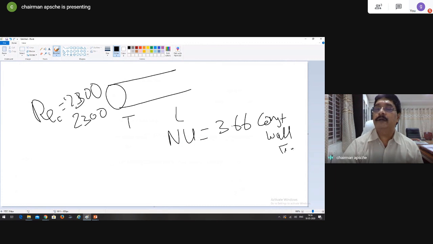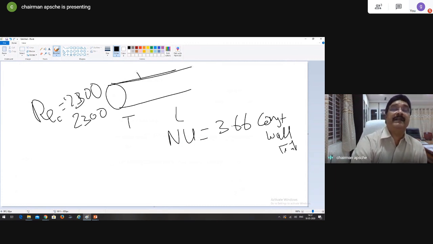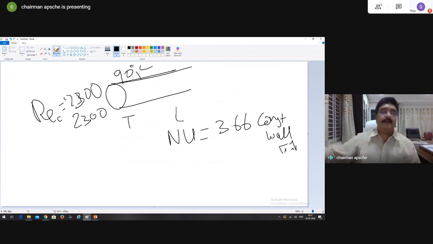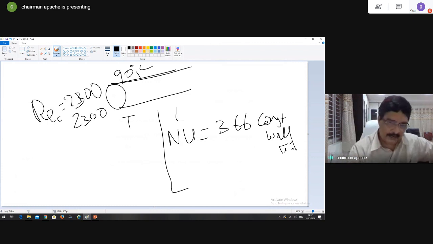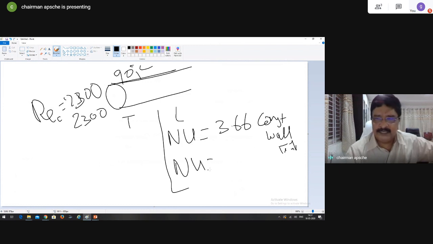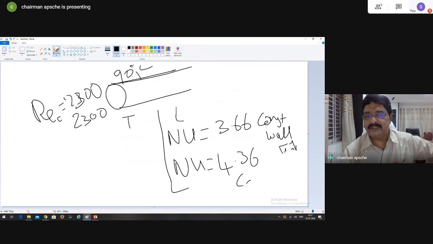That means the wall is maintained, say the problem says the cylindrical wall is maintained always at 90 degrees centigrade, meaning the entire cylinder is maintained at 90 degrees centigrade. How it is maintained, we don't know. When they give such a condition and the flow is laminar, straight away it is not in terms of Reynolds and Prandtl, it is a constant. And Nusselt number is equal to 4.36 for constant heat flux.